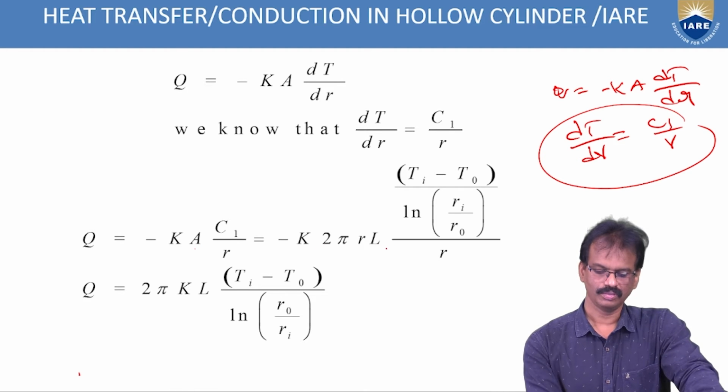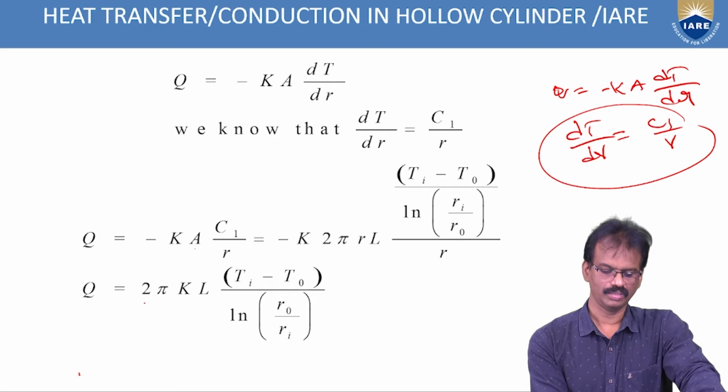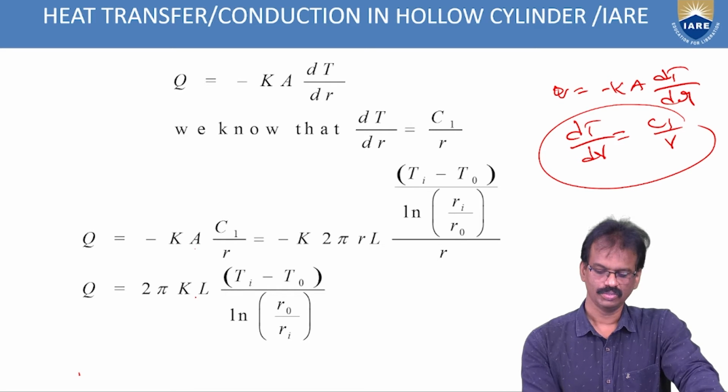Then we get the formula 2 pi K L, because this R will be cancelled.